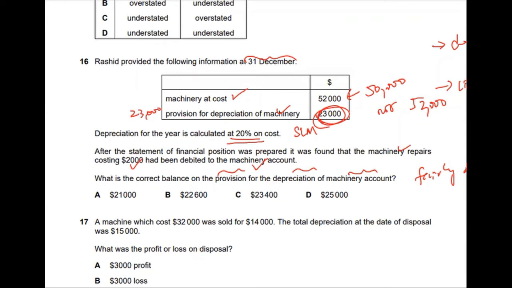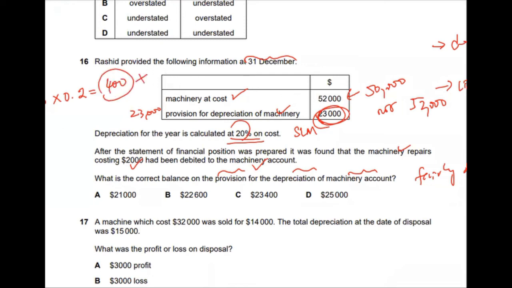So what you need to do is take $2,000 times 20%. This amount should not be in the provision for depreciation for machinery. So 2,000 times 20% is going to be $400. So this $400 should not be in 23,000.